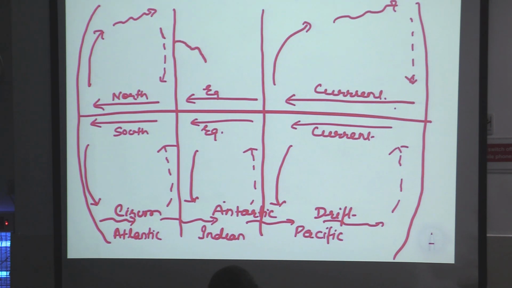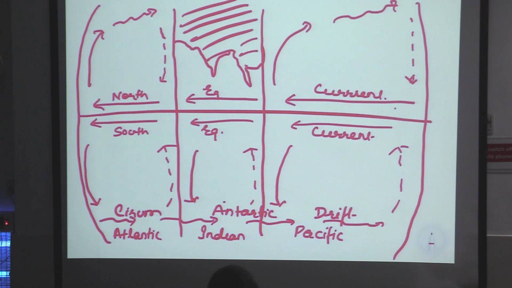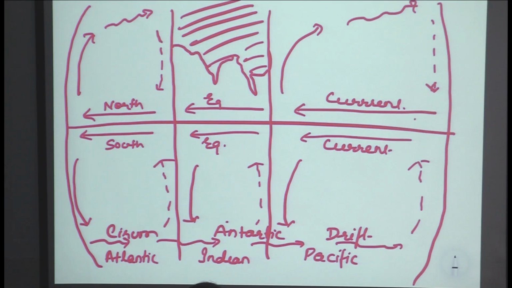Only in the Northern Indian Ocean basin we don't see any such Gyre circulation, because the Northern Indian Ocean is not open. Now carefully notice, I have got Gyre circulation in 5 ocean basins and the names of the currents are absolutely repetitive.